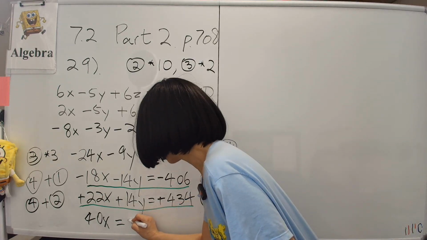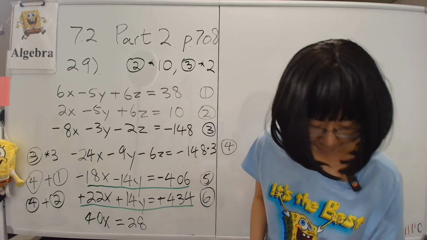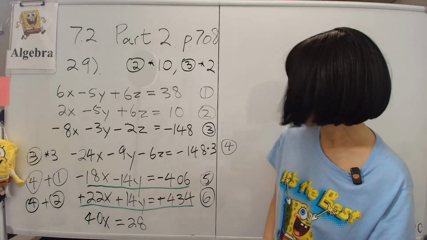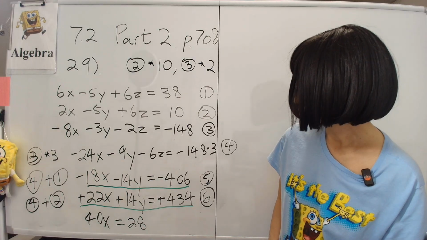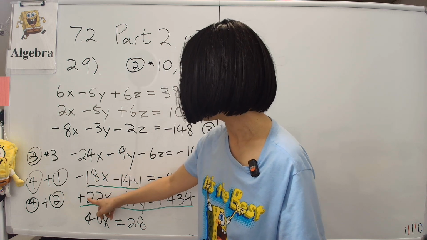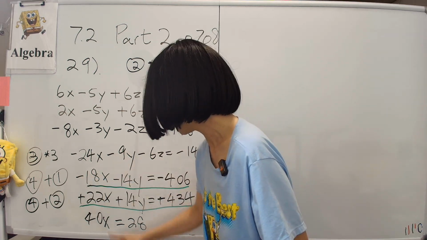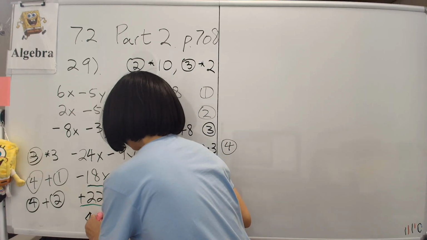That's 28. And this is not 40. I'm adding around. This is 22 minus 18. That's 4. All right.